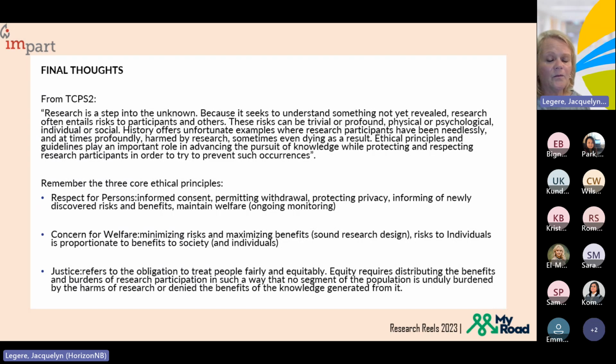History offers those unfortunate examples, and we talked about Nuremberg and Tuskegee, all really unfortunate historical research events. Those research participants were needlessly, and at times profoundly, harmed by research, sometimes even dying as a result. Tuskegee is a really good example of that.